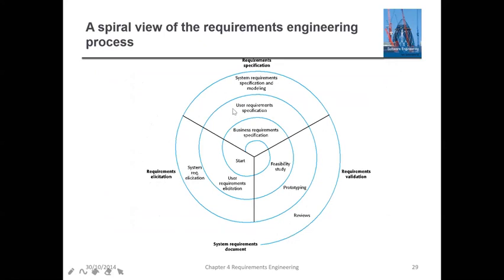Suppose you are in requirement specification, and after that you should go for validation, then documentation or elicitation, in this way. Suppose in the middle, any requirement has not been specified, then you can go back and get all these things. So this process will be moving in this way.